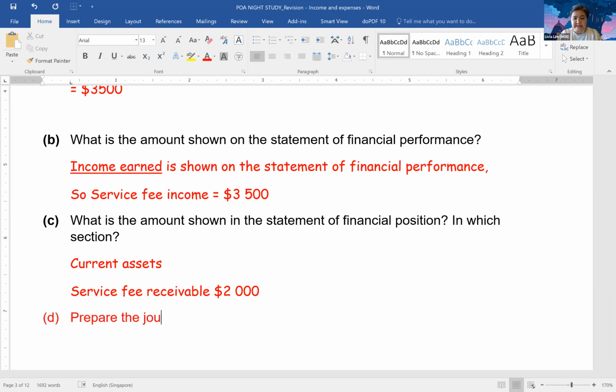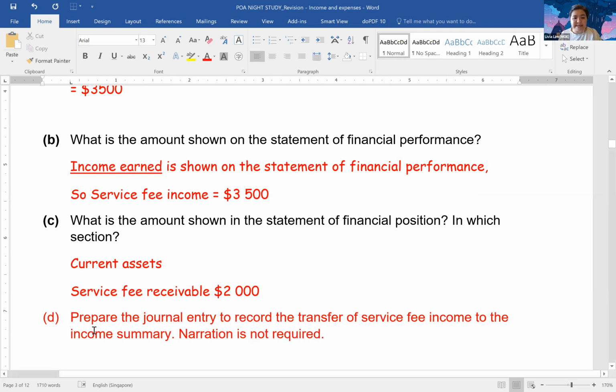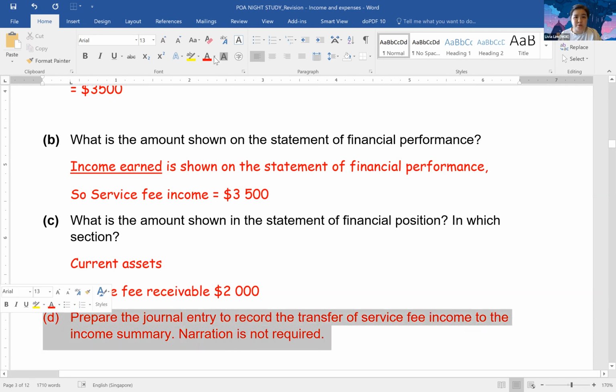Prepare the journal entry to record the transfer of service fee income to the income summary. Type down, narration is not required. Please type into the chat box the answer for D, which you are doing now.